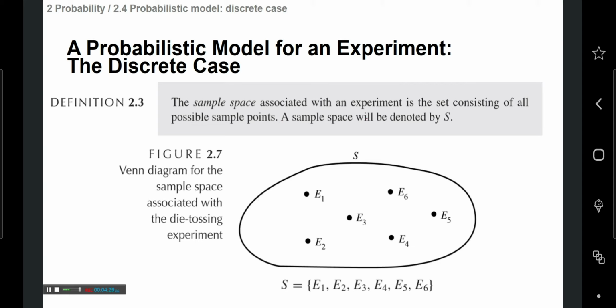A sample space will be denoted by S, and it contains every element. In the previous example, the sample space S for the die tossing experiment contains all simple events E1, E2, E3, up to E6. We can specify S like this: our sample space S equals E1 to E6. This is the sample space.